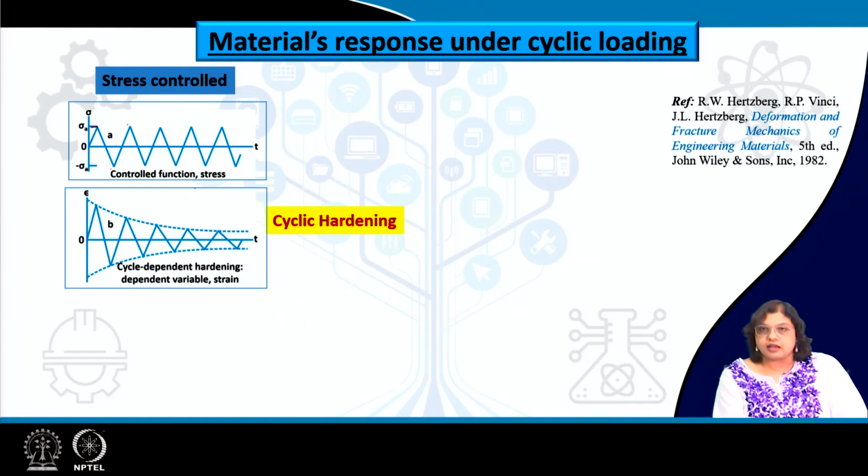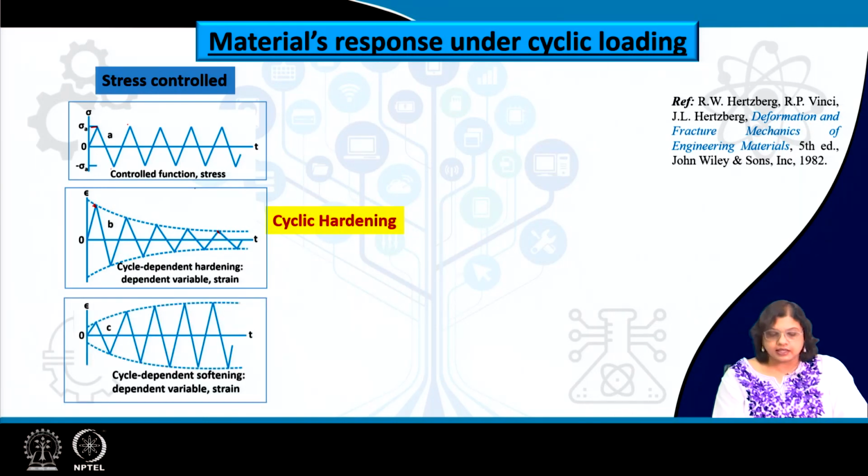If we had done a simple monotonic test or the tensile test, we would have seen only this value, but since we are doing this test under repeated loading, we see that after n number of cycles the strain value has come down from this level to that level. This is because the material is getting hardened because of the cyclic loading.